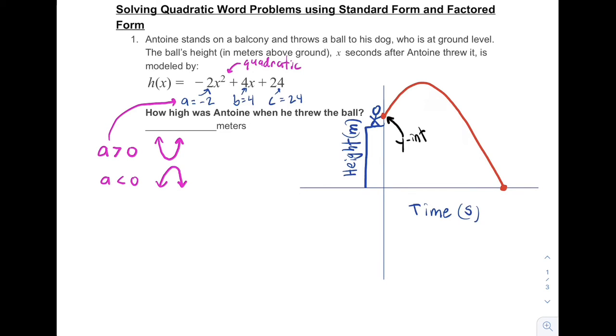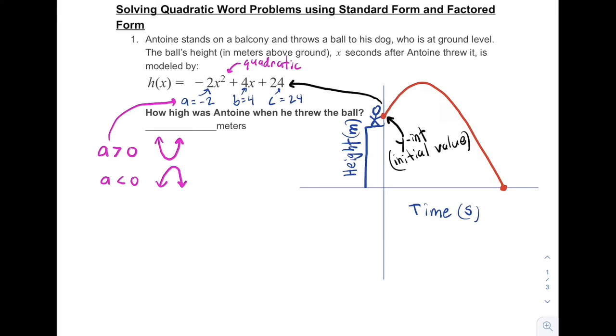So it's your y-intercept, where it crosses the y-axis. And remember we've been talking for a while now, your y-intercept in word problems is always your initial value. Y-intercept, initial value. So when he threw the ball, that will be your initial value, and that is always given by your C value, right?